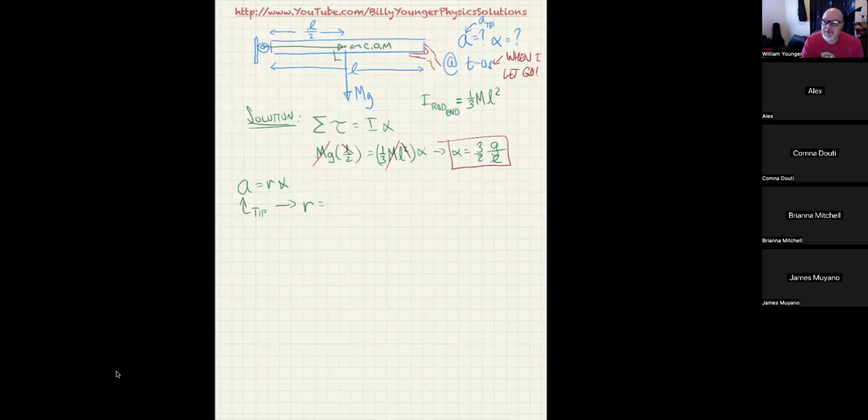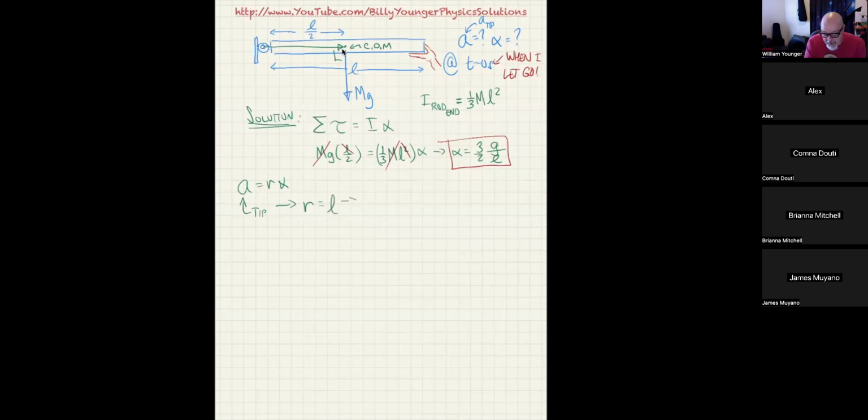Half L. Okay, half of L would exactly get you how fast this spot's going. Y'all can see my little arrow there, right? So the radius is the distance from here to here. Now you know what I'm talking about? Yeah, that would be L then. Exactly. So yes, the tip is going to require the radius to be L.